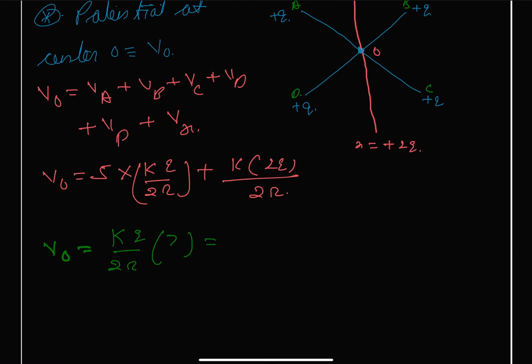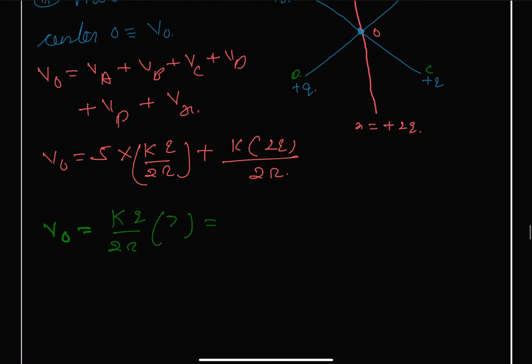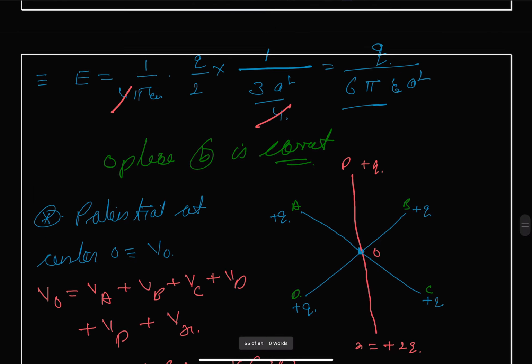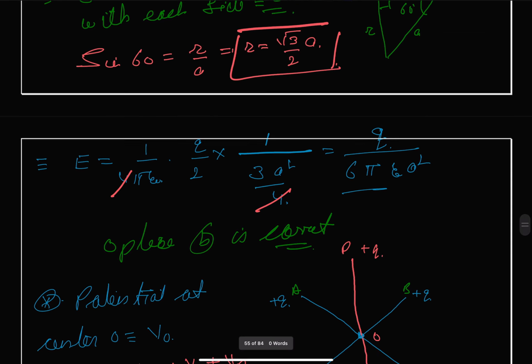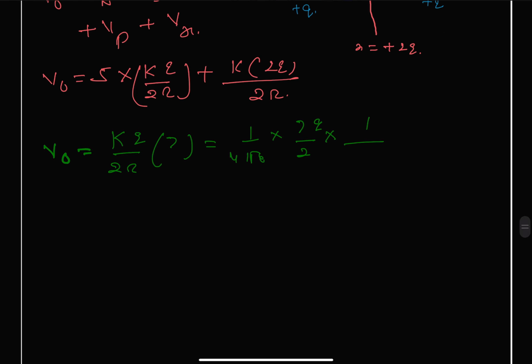We substitute the values of R as well as K, so this comes as 1 upon 4 pi epsilon naught. We have this as 7Q divided by 2, and this is 1 upon R, and R we found out is square root 3 A divided by 2. So this comes as square root 3 A divided by 2.